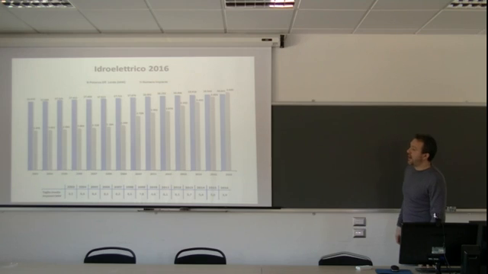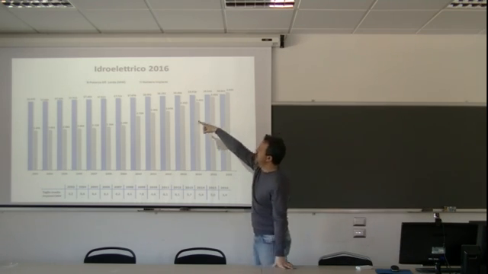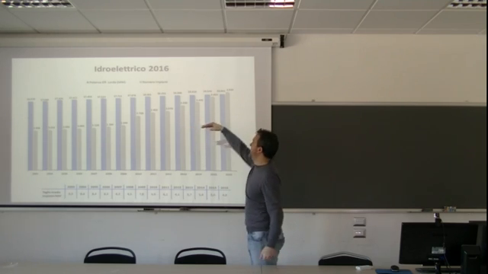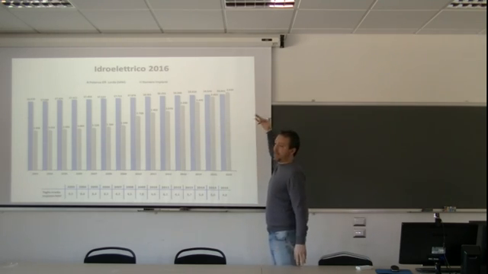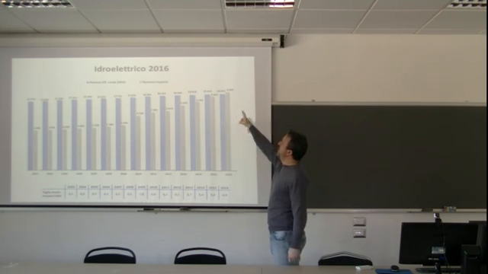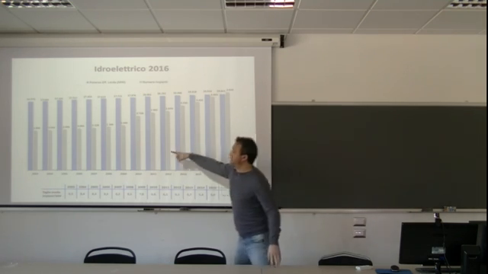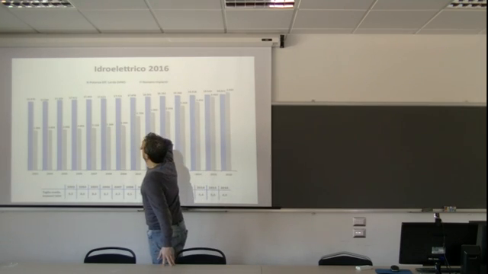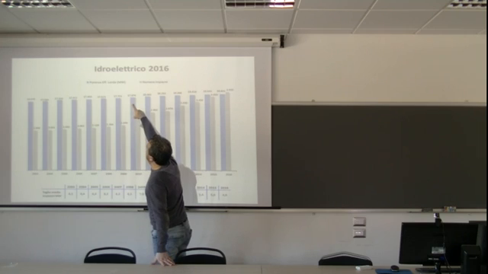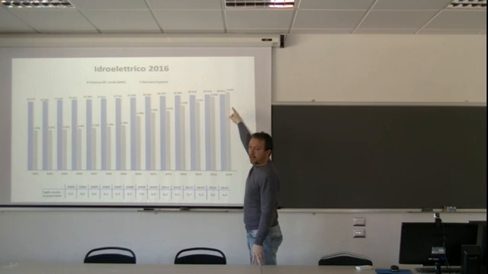Hydroelectric, as I said, here you can see the installed megawatt in Italy, and you can see that it's very constant. There is a very small growth due to very little plants, and you can see this because the megawatt are 17 to 18, so the growth is very low.